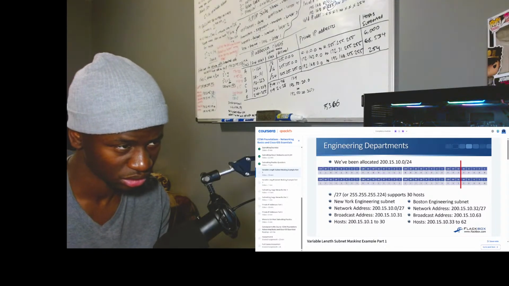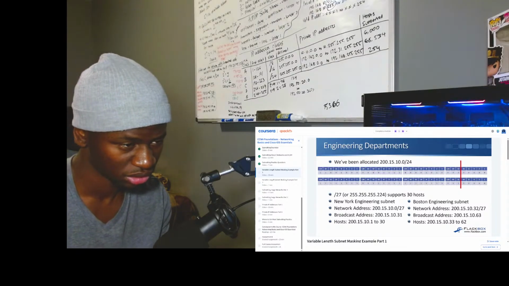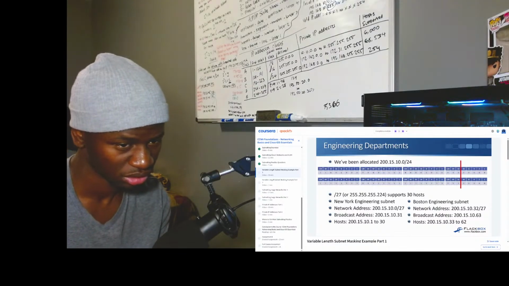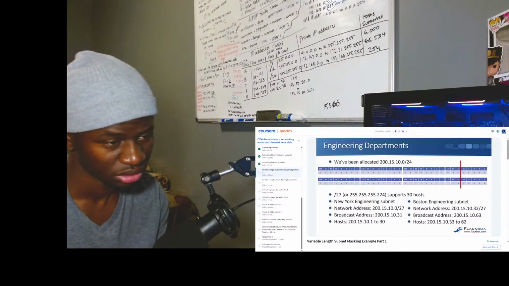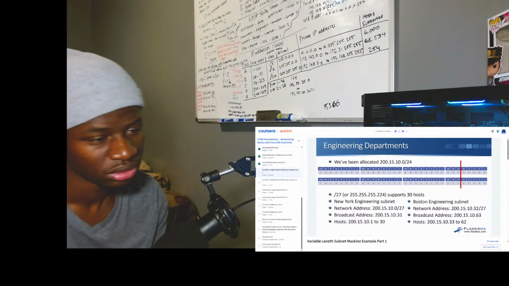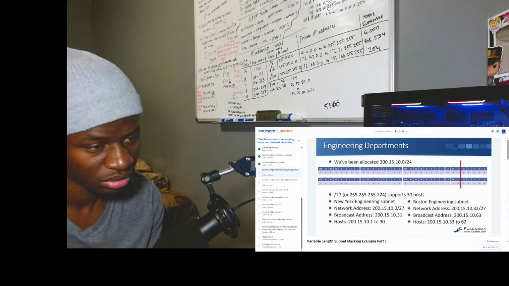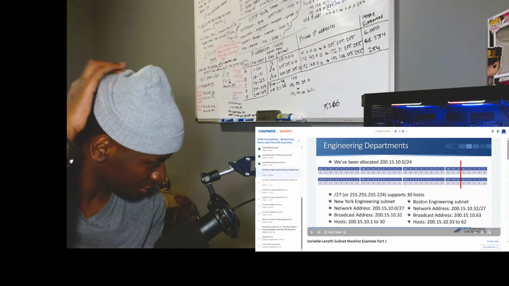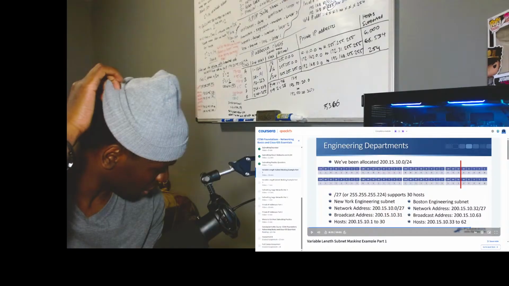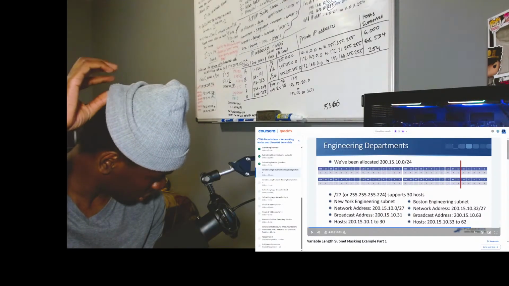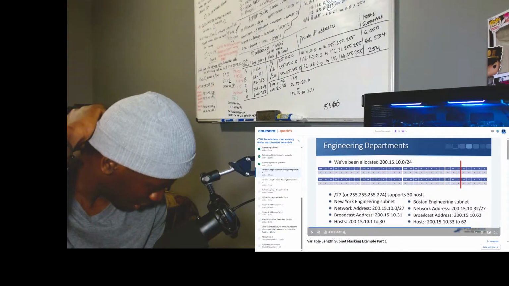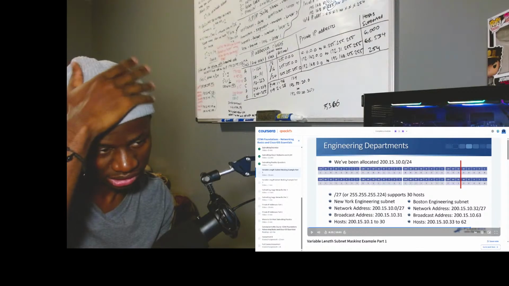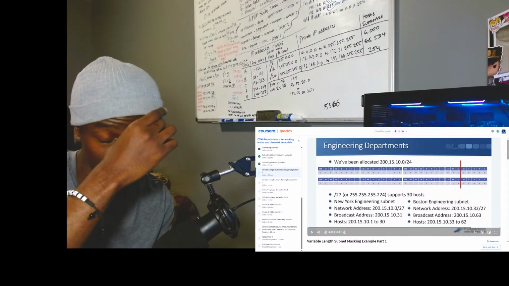The next thing we have to do is actually divide up our address space. The headquarters was in New York, so let's give them the first subnet. The network address is going to be 200.15.10.0/27. I guess they'll both have to be on the same addresses in order to make things work.